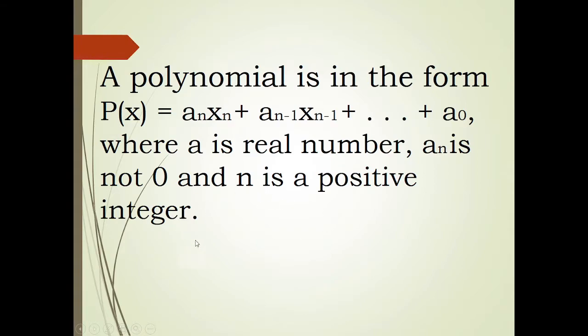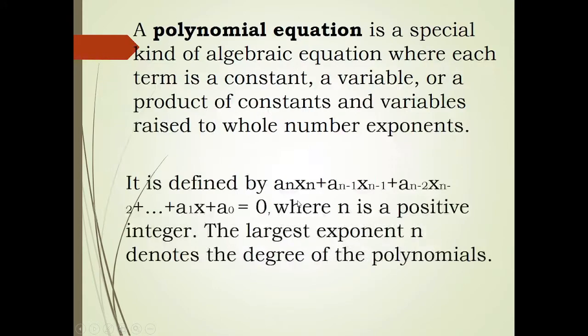So, para maging polynomial, the first term should have a coefficient of a real number. And it is not 0. And then n, or the exponent, should be positive. So, you will understand this better as we go along.